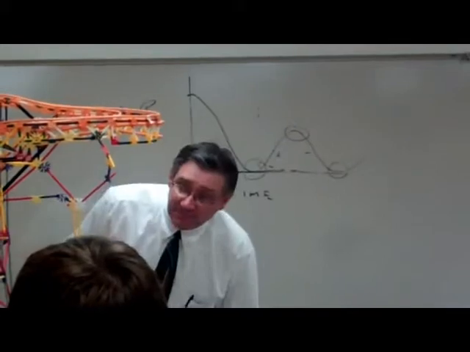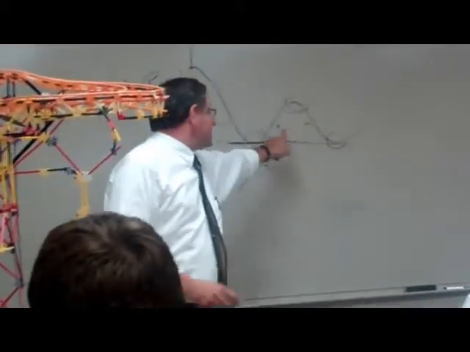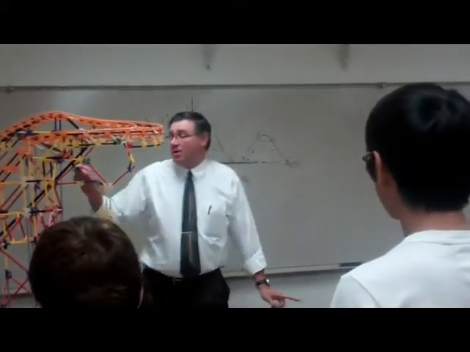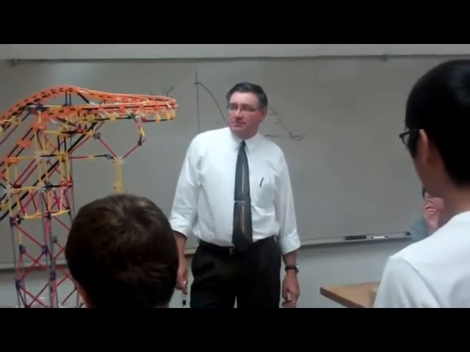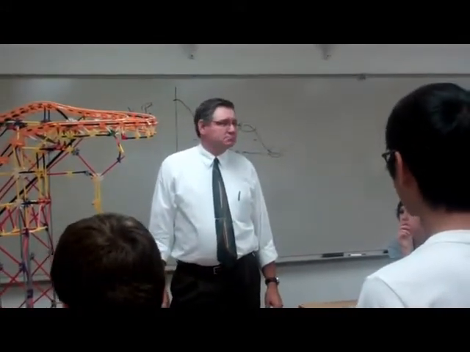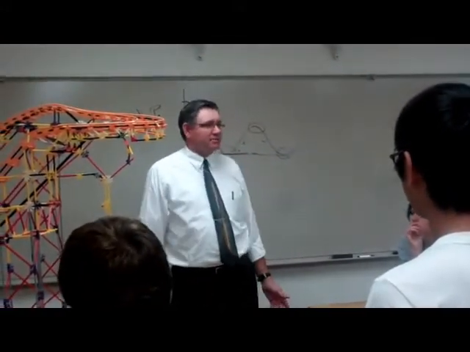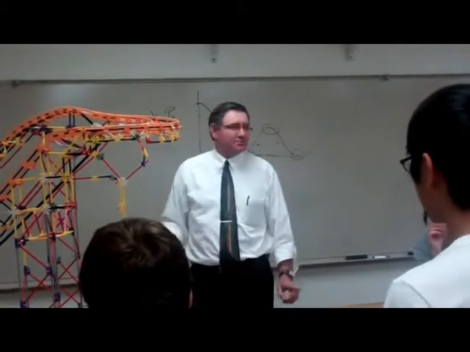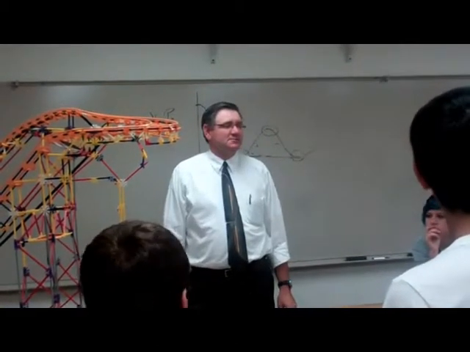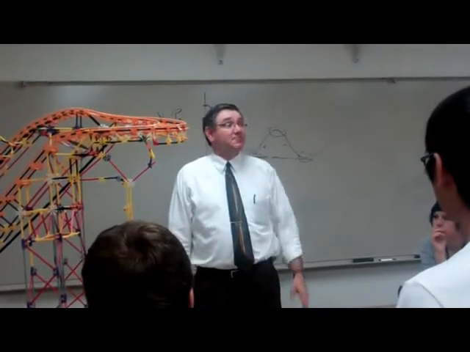Now, here's the question. Could I generate this exact same curve without a loop? Yes. Danny, what could I do? How could I generate that curve without a loop? You could just have another hill instead of a loop. Beautiful.